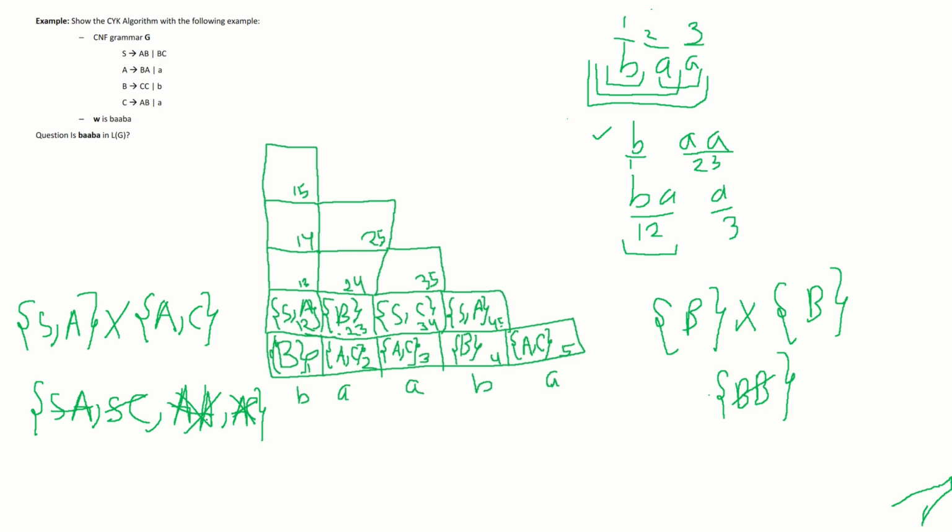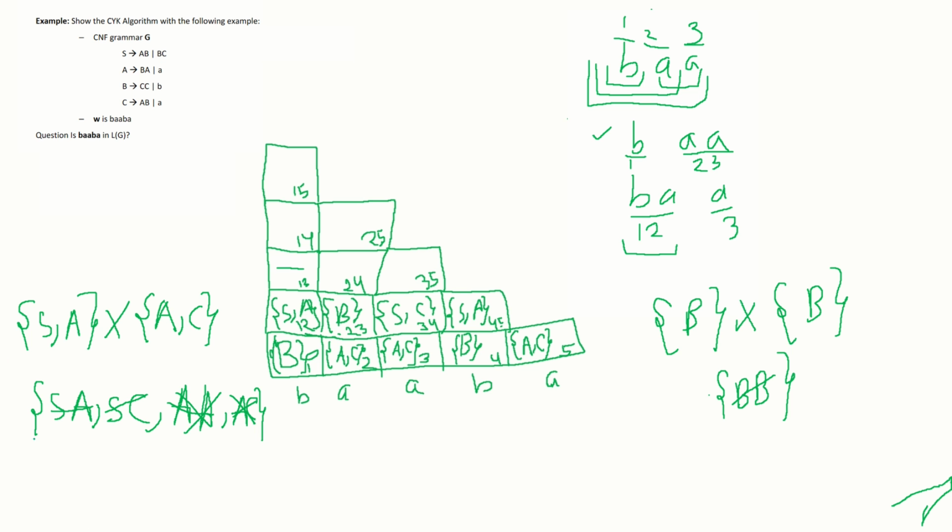So as we can see, none of these 5 productions is in our grammar. So that means we can't generate the substring BAA or the substring from position 1 to position 3. So this will be blank, or you can say empty.